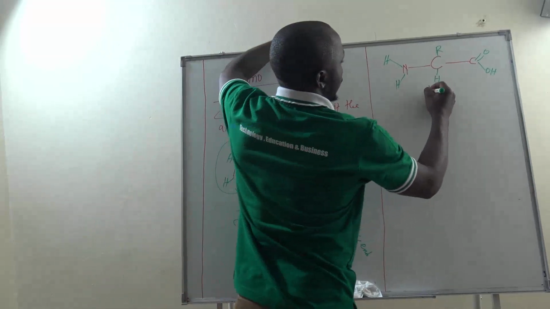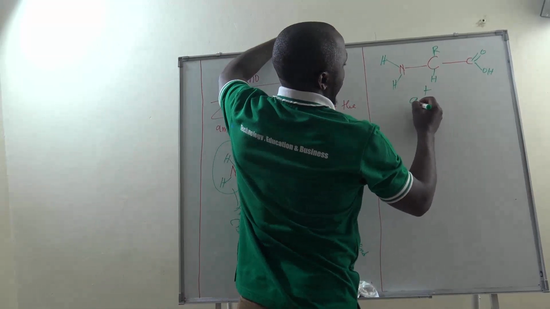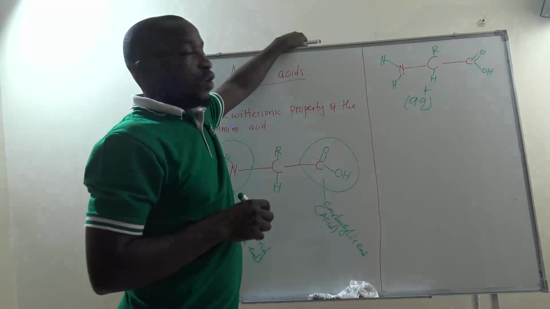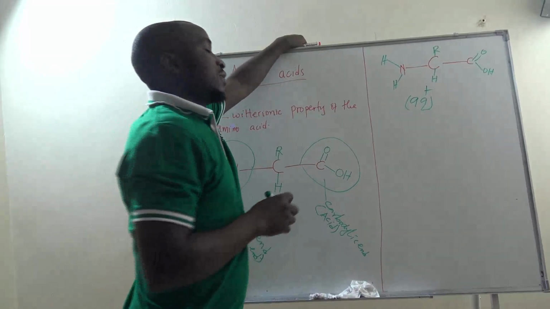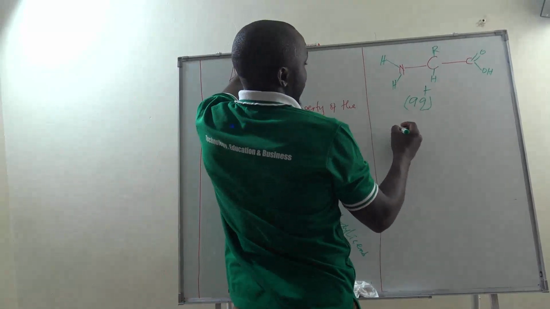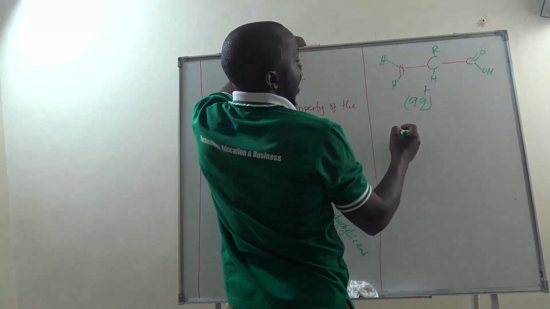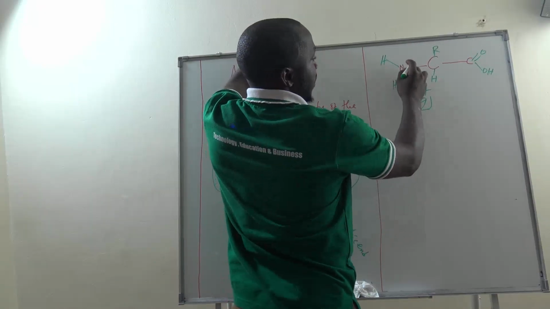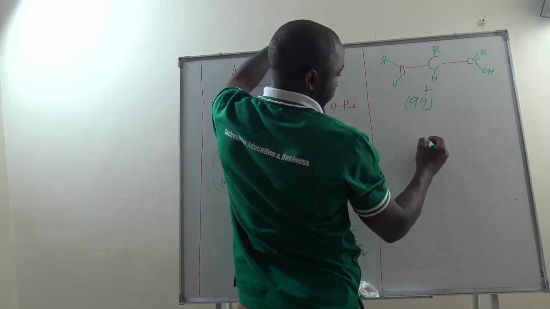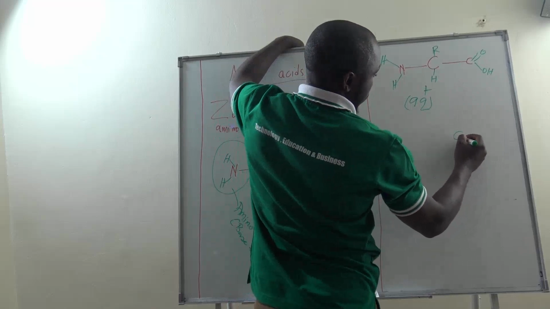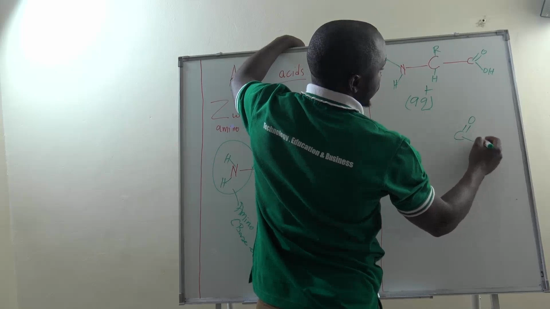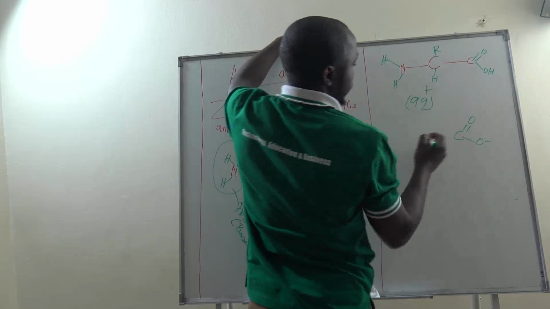Let's say now plus aqueous, to mean that when we put a protein in water, what happens? This is what happens. The amino acid ionizes, such that this end, the carboxylic end, loses the hydrogen.